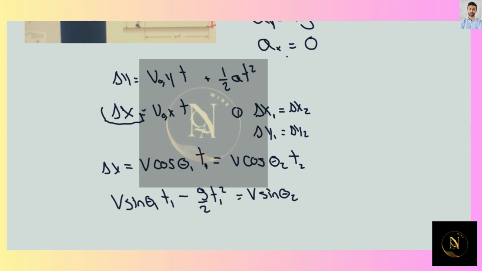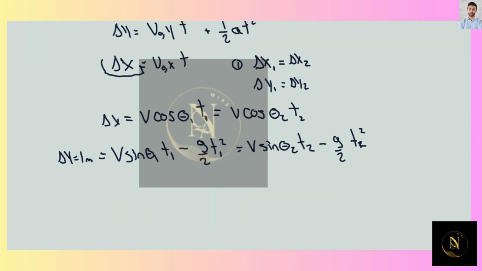Remember, we're using sine because this is the y projection. And both of them need to be equal to delta y equal to 1 meter.